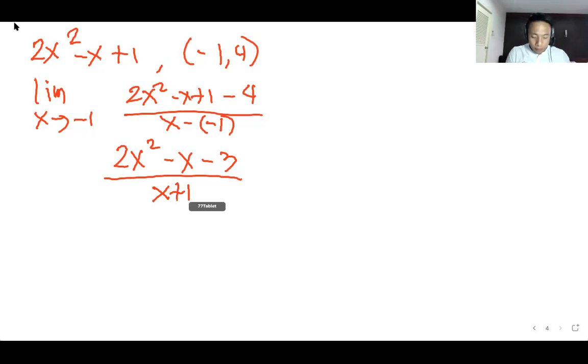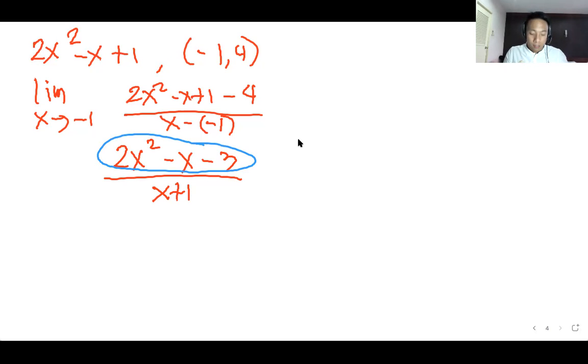Now, it's a bit tricky here on the upper part. Kasi sabihin nyo, sir, wala namang factor sa unahan. Okay? You need to know how to use your past lessons in grades 7 to 10 until up to 11. From 7 to 10 in algebra para masagot yung mga ganitong questions.